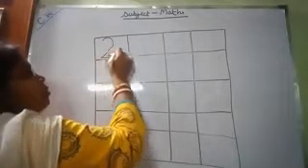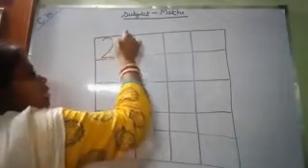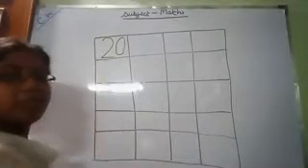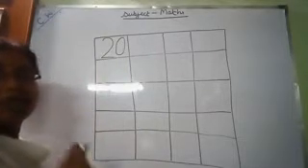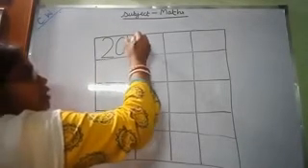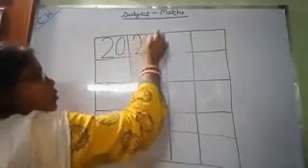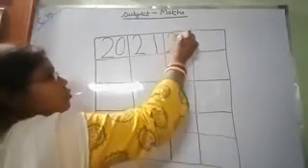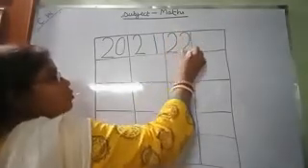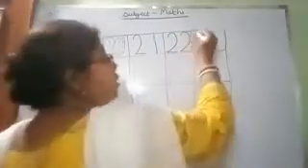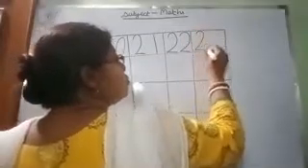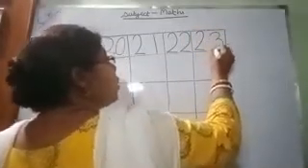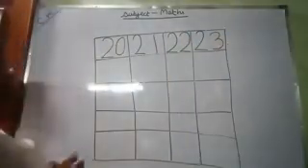I am writing 20 like this. You have to know 2, then 1, 0. I have maintained the box. Okay, you have to write in full box. Then 2, 1, 21. Then 2, 2, 22. Then 2, 3, 23.